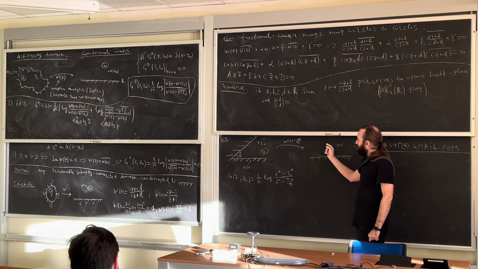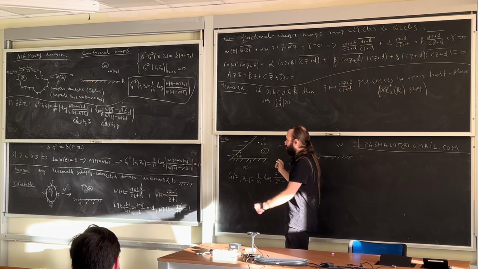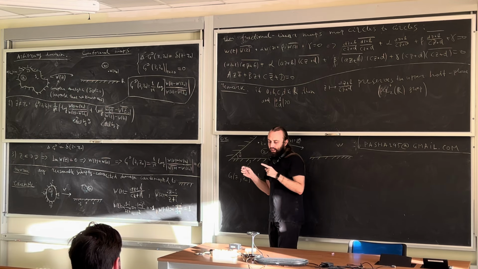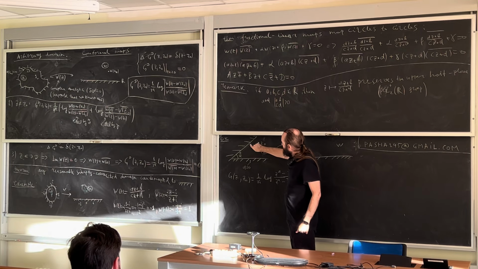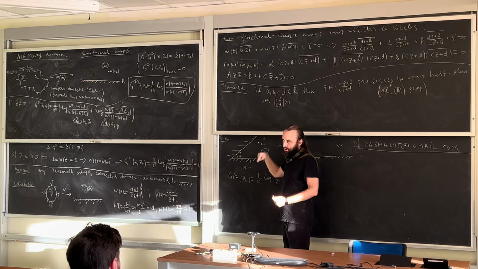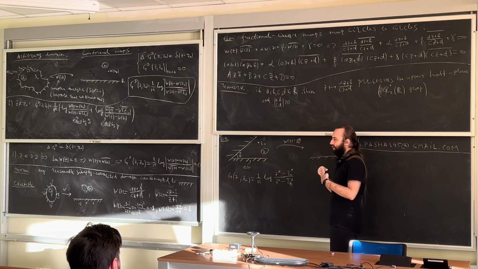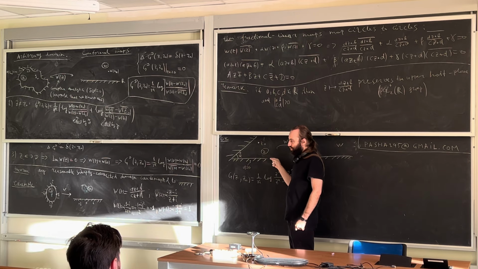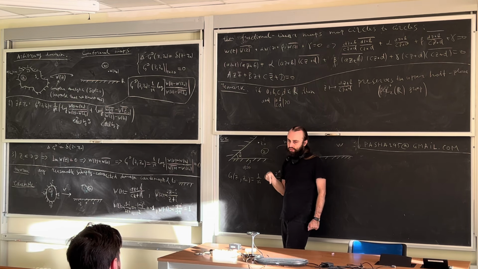In principle, we could solve this problem using the normal modes because this geometry allows separation of variables. Because these boundary conditions are written in the phi variable. So if phi is 0, our function should be 0, and if phi is pi over a, it should also be 0.